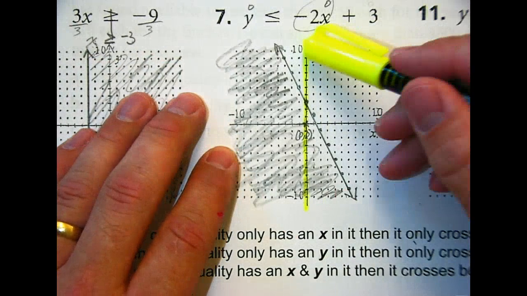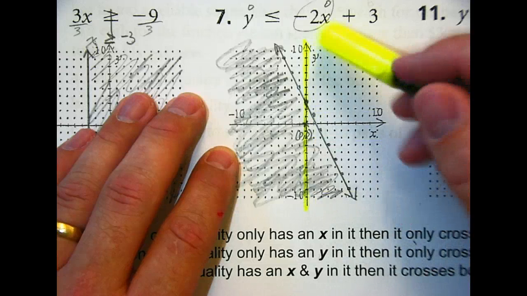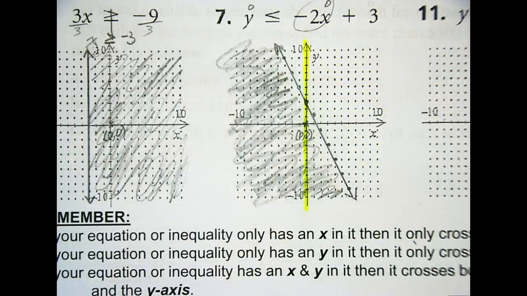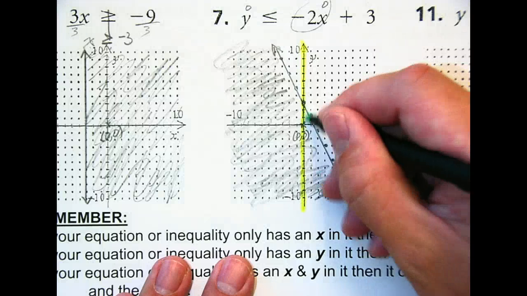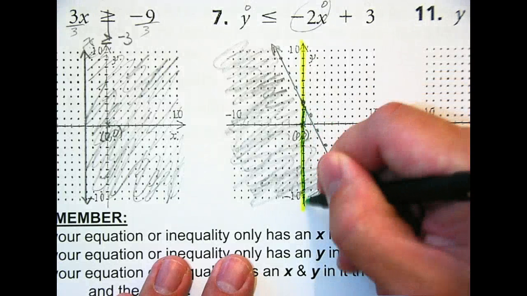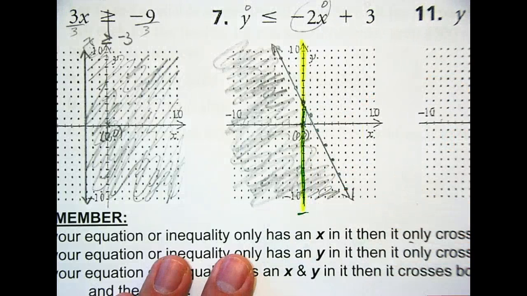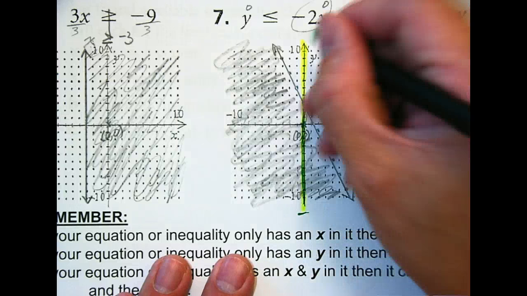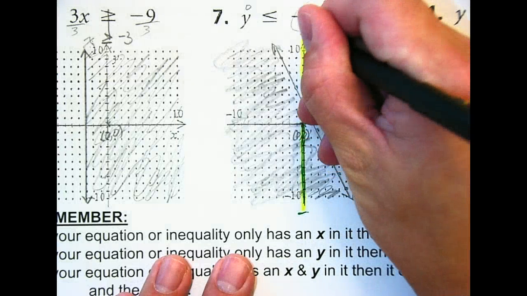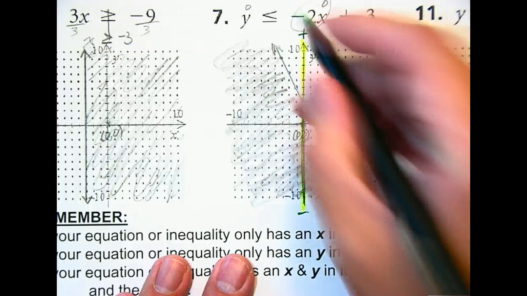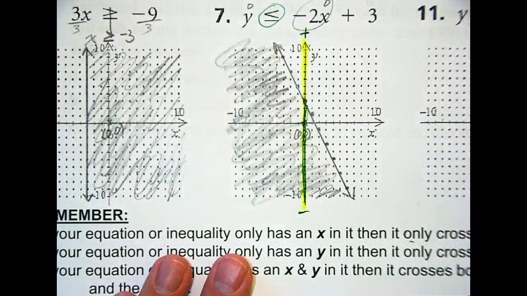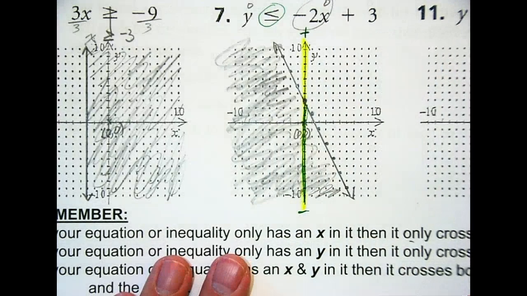From dealing with this with students in algebra for longer than you've been living, when you look at the y-axis, the area down here is smaller numbers, the negative numbers, and this part up here is your positive numbers. What's the sign read? Less than. Where are your lesser numbers on the y-axis? Down.